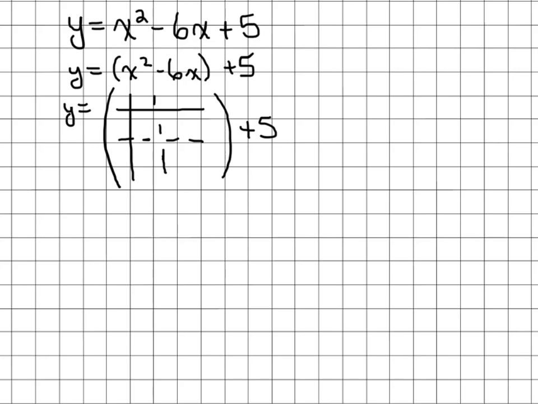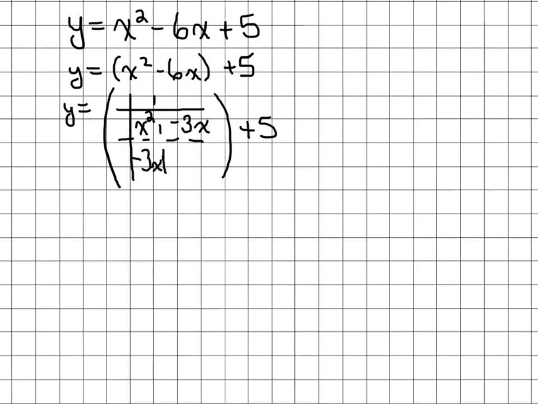So keeping in mind our x squared goes here, then I need to put my negative 6x evenly distributed here and here. Cutting negative 6x in half, I have negative 3x and negative 3x.